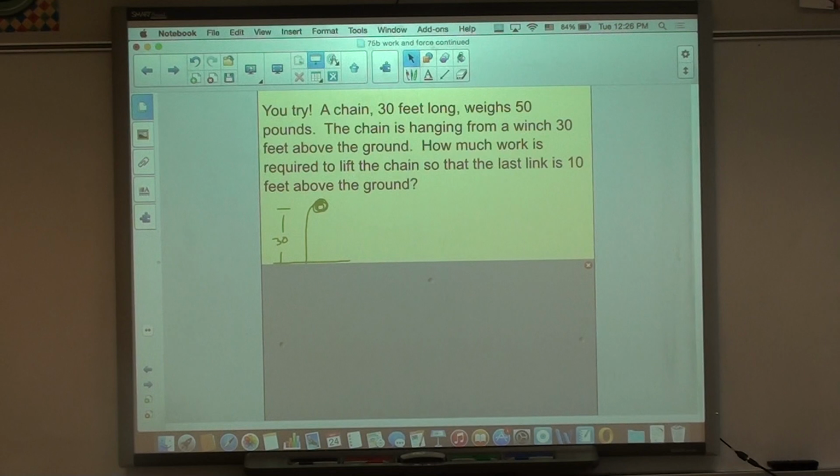Have you found pounds per foot? Okay, good. So we know that it's 5/3 pounds per foot. Now you need to figure out, if y equals 0 is the ground, at any given y value how much chain is there that's hanging off the winch.